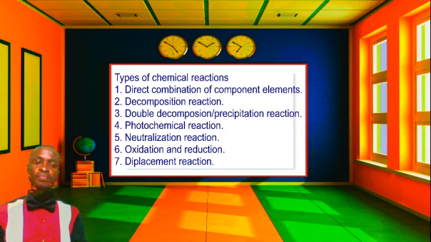Finally, the seventh type of reaction we are going to look at is displacement reaction. A displacement reaction uses the reactivity of the combining species.